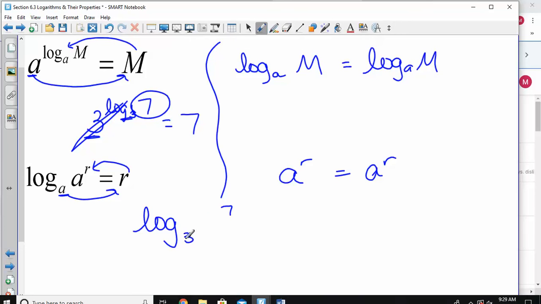Log base 3 of 3 to the 7 equals 7. The log base 3 and the 3 drop one another, and so you just get 7 for your answer. Okay, so I'm going to use these two properties for a couple examples today, and then the product, quotient, and power, we have them in our notes. That's what we'll pick up with tomorrow.